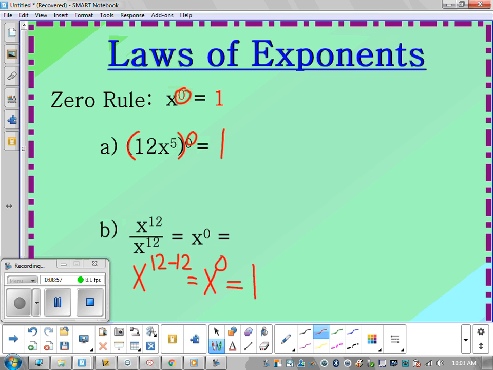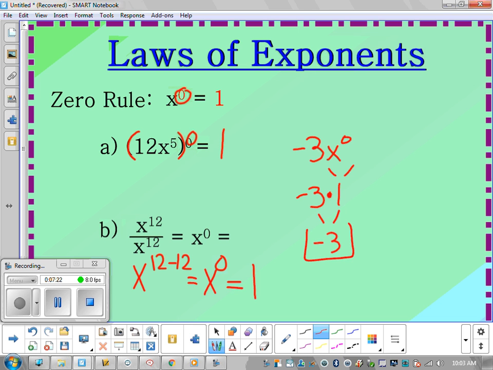A problem I would like you to swish into your notes right now is if we have negative 3x to the 0 power. There are no parentheses here. So that means x to the 0 power is 1, but that negative 3 is not to the 0 power. That negative 3 is still there. Negative 3 times 1 is negative 3.